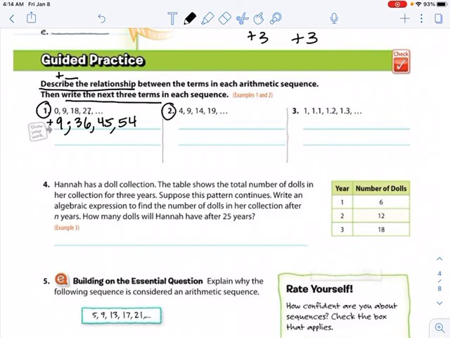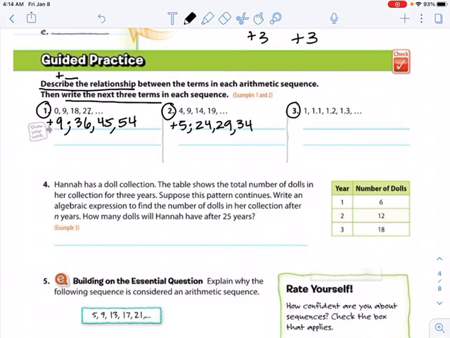Okay, go ahead and do number 2. For number 2, our relationship would be that we are adding 5. And so our next 3 terms would be 24, 29, and then 34.